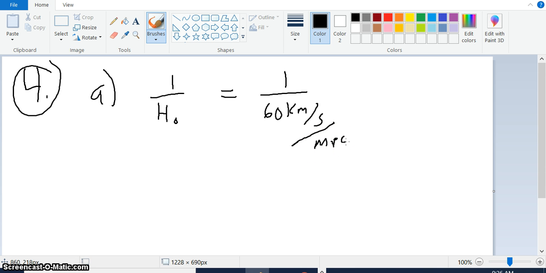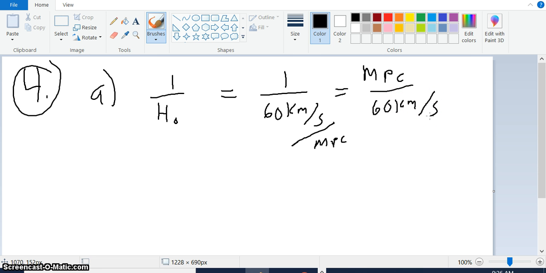But if I convert a megaparsec, since this is in the denominator, you just put the megaparsecs in the numerator. So it's whatever a megaparsec is in kilometers, which we just figured out, divided by 60 kilometers per second.